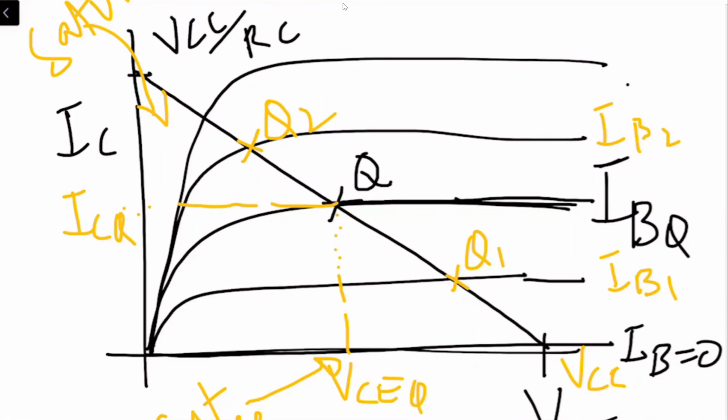If you remember, the normal operation of the transistor needs to be in the linear region, right? And the linear region of operation requires that the base emitter junction be forward biased, and the collector base junction be reverse biased. Are you with me?